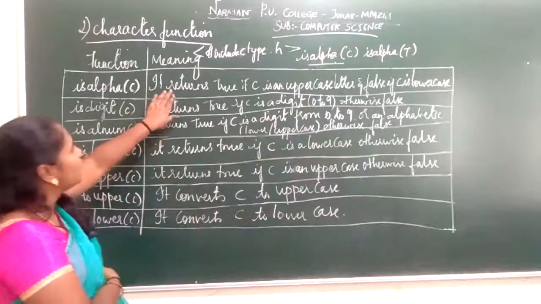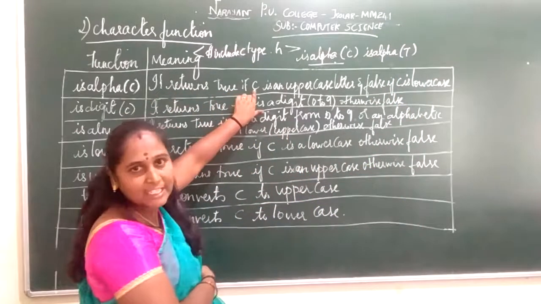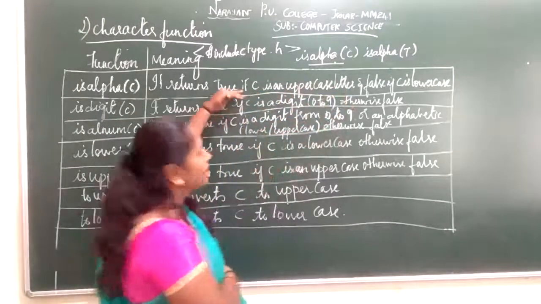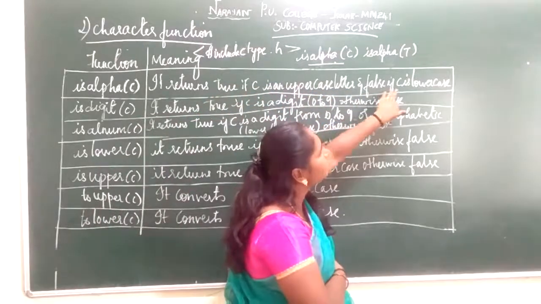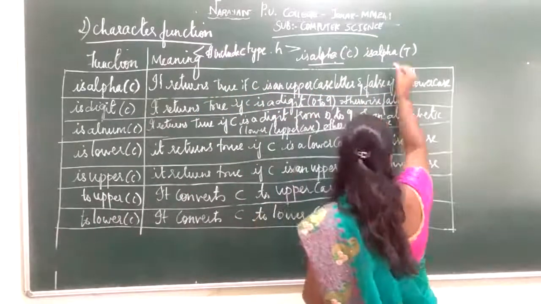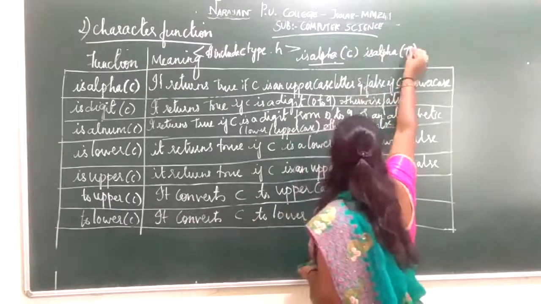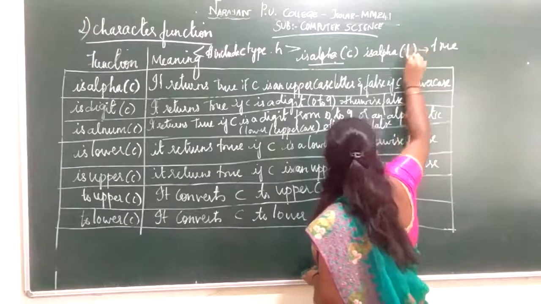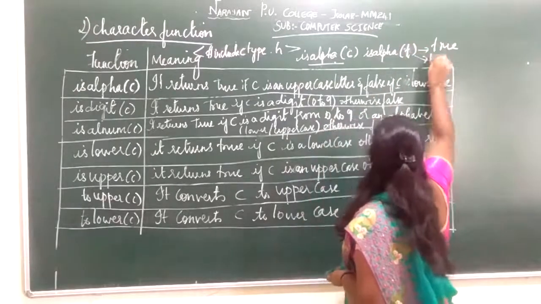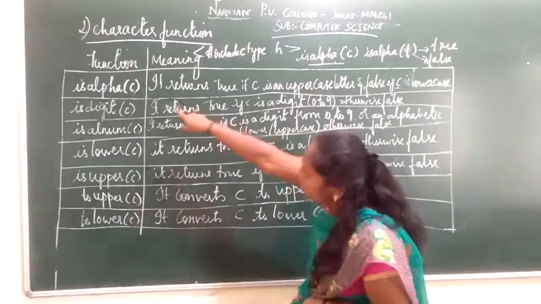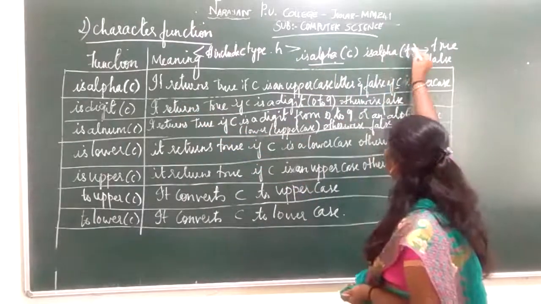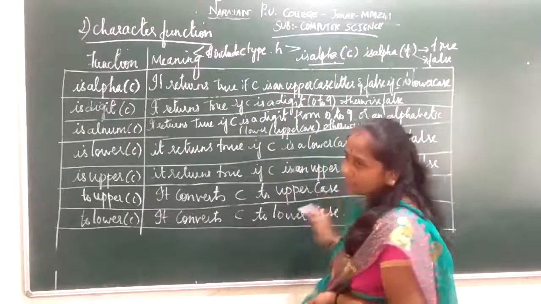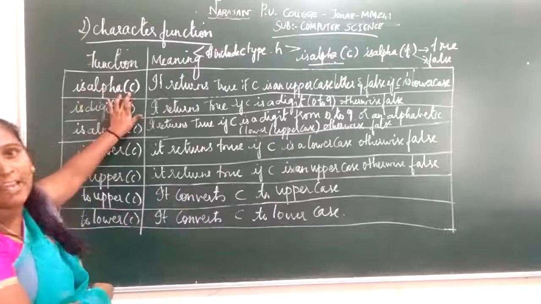It returns true if the character is an uppercase letter. Otherwise it returns false if c is a lowercase character. C stands for your character. If I take capital T, for example, it returns true. If I take a small t, it returns false. Because for the alphabetic character in the function, if it is in uppercase it is going to return true, and if it is in lowercase it is going to return false. That is the first function, isalpha(c).